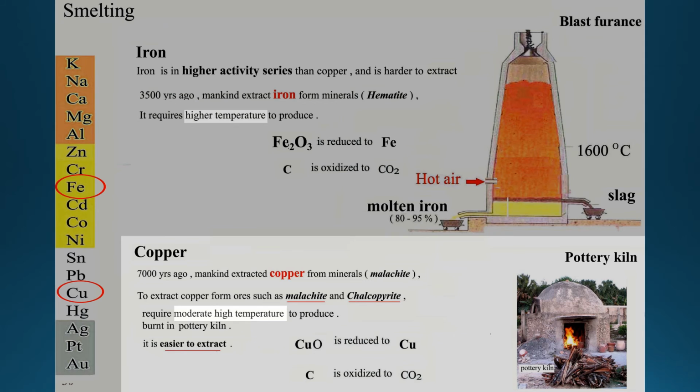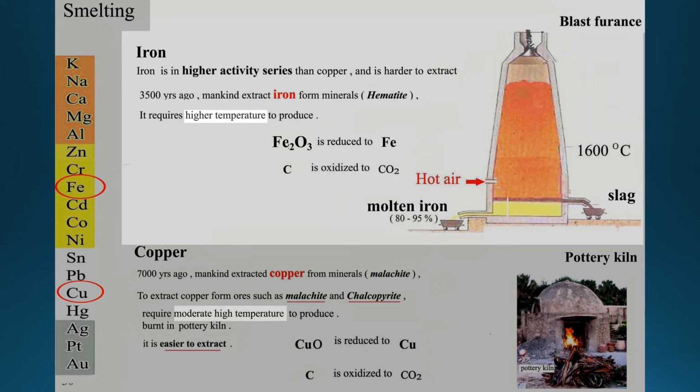How about iron? Iron is a different story. 3,500 years ago, mankind extracted iron from hematite. It requires higher temperature. How high? 1,600 degrees, almost double the temperature.